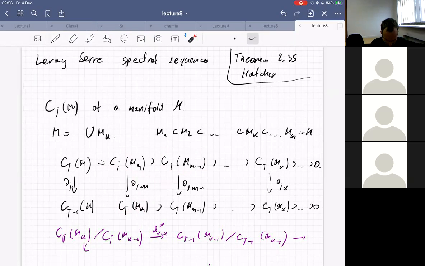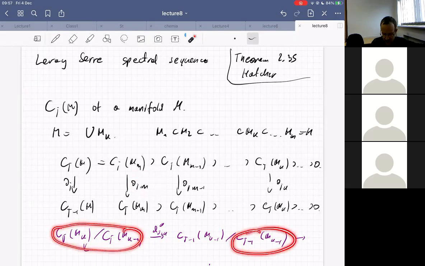But then if I have a map from this guy to that guy, from this quotient, so I look at this. Now, suppose I have an element that goes to 0 under this map. Then maybe it is hit. Maybe it goes to 0, not just because it's 0 under d_j, but because it lands in this space.